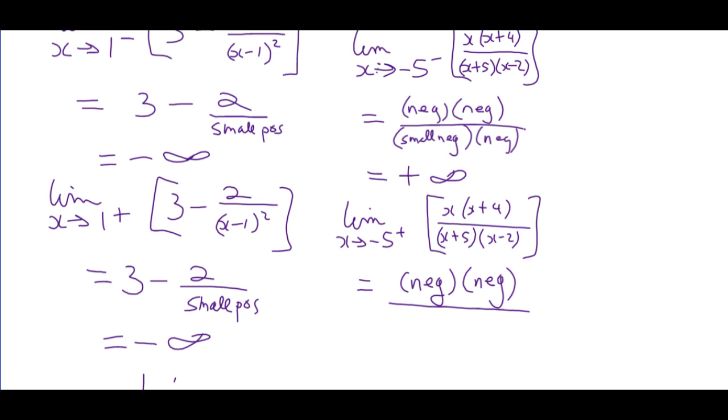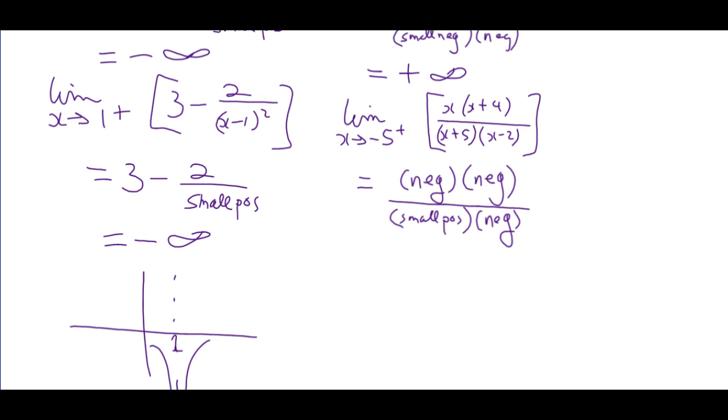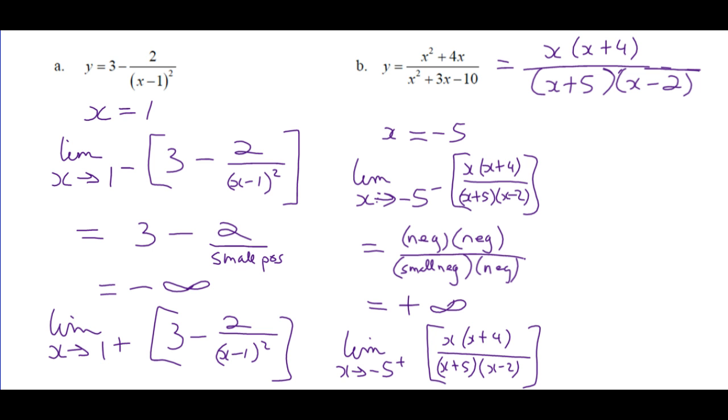If you're approaching -5 from above, and then you're adding 5 to that, you're going to get a small positive, right? So small positive. And when you subtract 2 from an already negative number, that's just going to be negative. So what's the sign on this? Negative, right? 3 negatives. Okay, so now we know what's happening at -5, right? Now we got to figure out what's happening at 2.